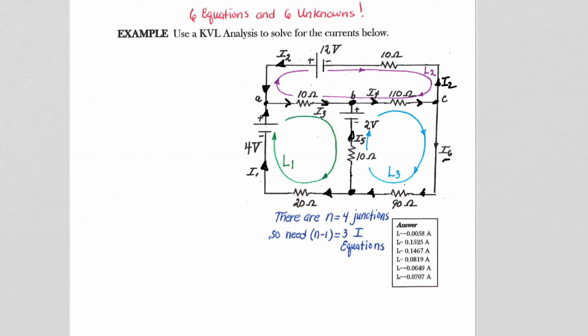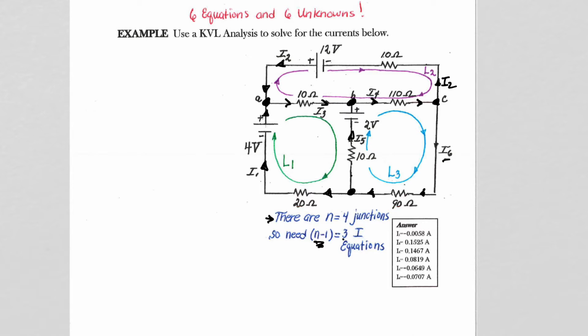So we have 4 junctions, A, B, C, and D, so we are going to need n-1 or 3 equations. I chose junctions A, B, and C for my junction equations. My loops I have shown here, right?